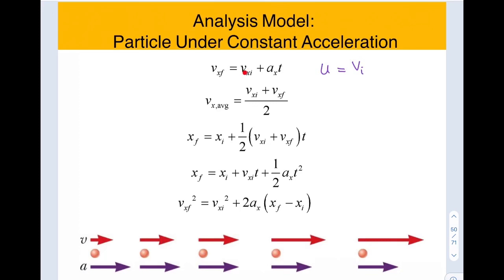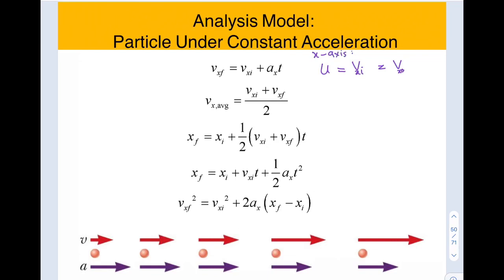Like this one, right? And then some of the books probably also put it as V naught, which means initial velocity as well. If it is in the X direction, then we're going to have Vx, along the X axis.